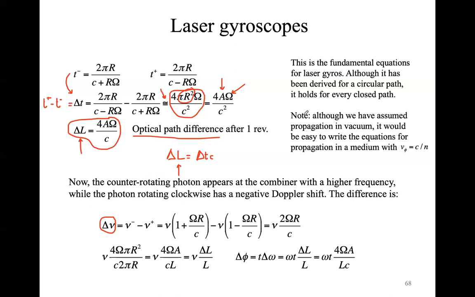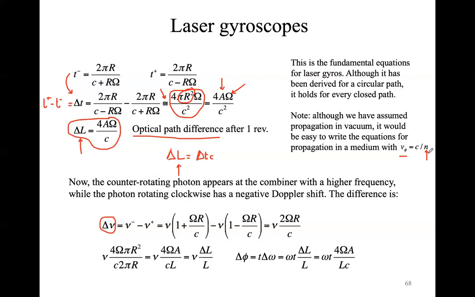So when you determine the phase velocity of your beam, you have to take into account the refractive index. Here we are assuming that they are moving in vacuum, so it is a little bit simplified. But if you assume the refractive index, the conclusions are exactly the same.